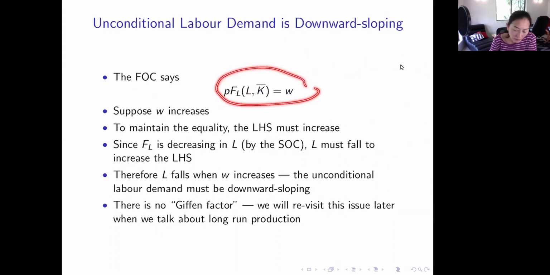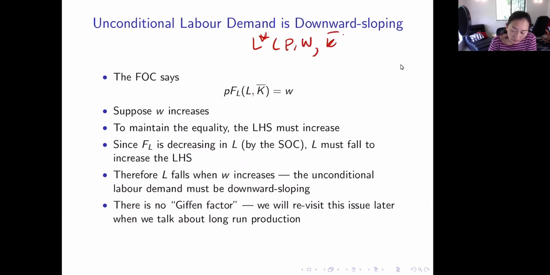So this unconditional labor demand is downward sloping. Suppose that the wage increases. We saw this equation. When the wage increases, to maintain the equality, the left-hand side has to also increase.